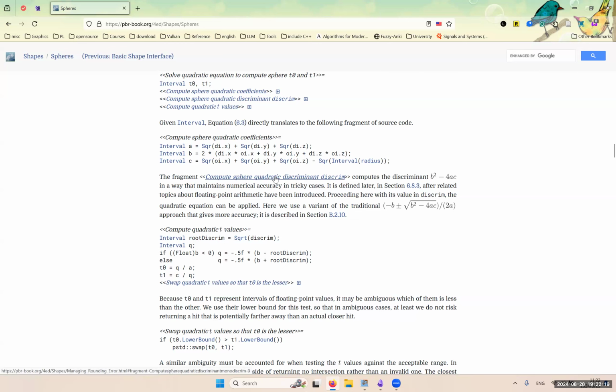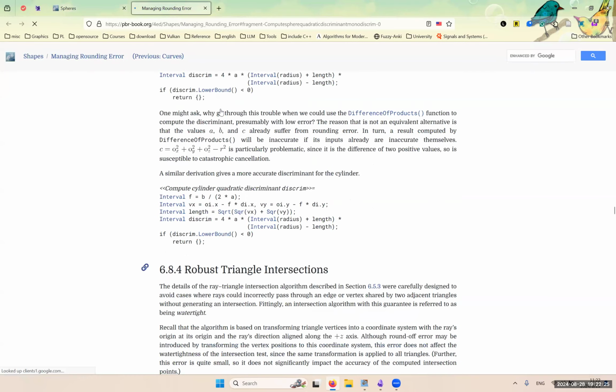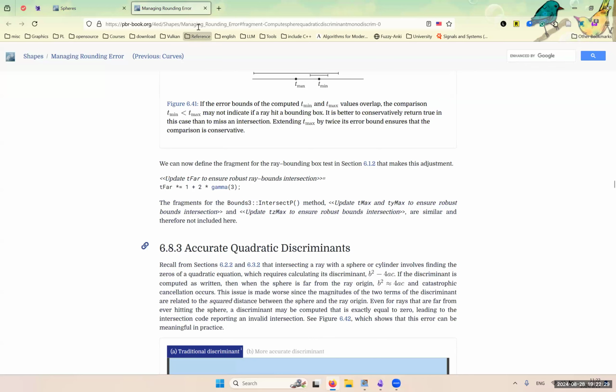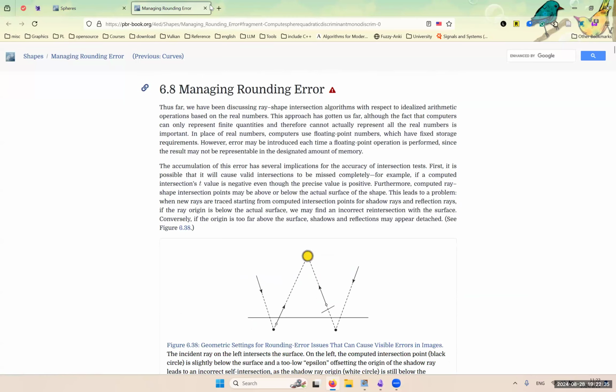I guess this is not in this chapter, but in the appendix, just in another section.